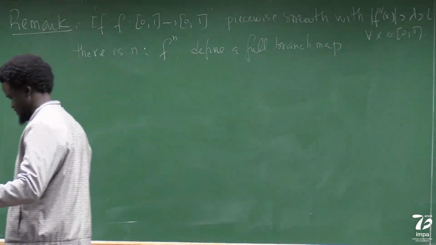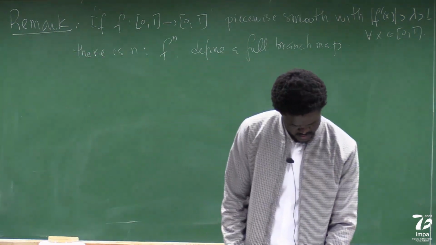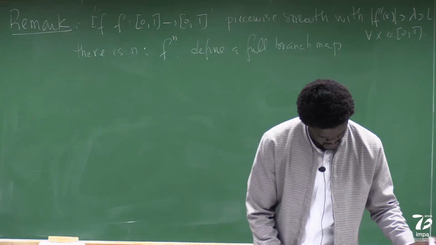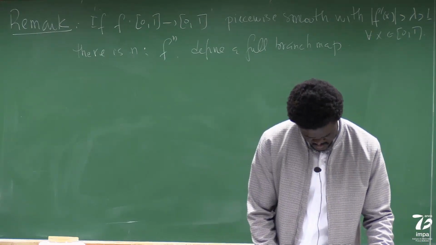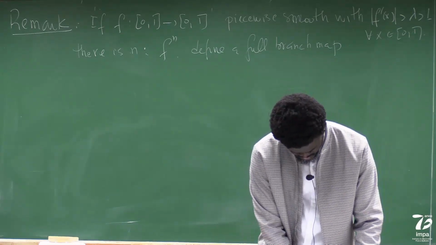So whenever you have these expanding maps, you can think of full branch maps. So now I want to define the Perron-Frobenius operator for this type of maps.